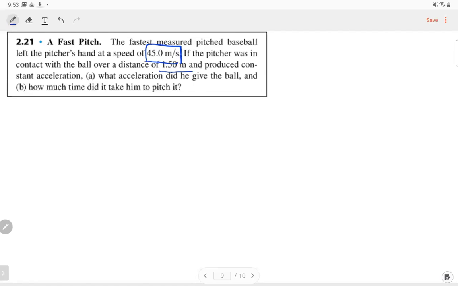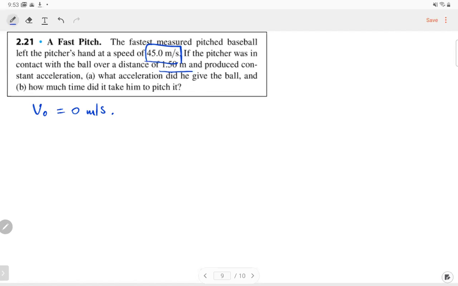So we can assume this baseball in the pitcher's hand starts from 0 velocity. The initial velocity is 0. This is very important because this is a reasonable assumption.